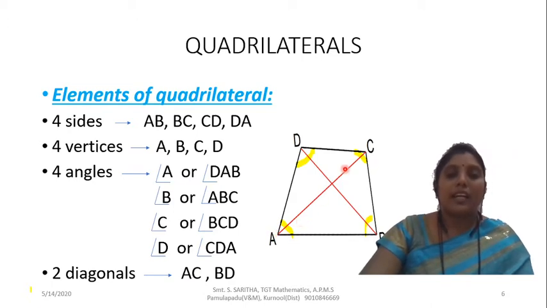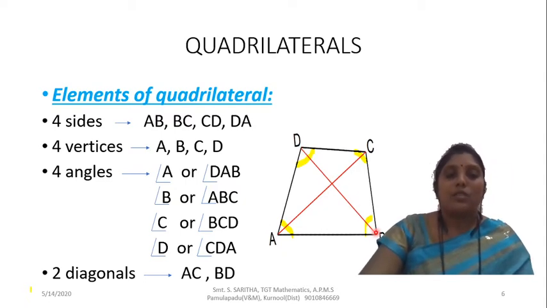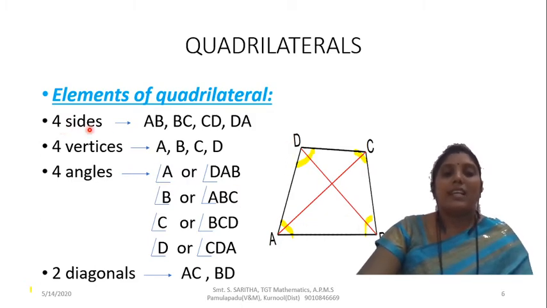When you observe the line segments AC and BD, AC is called a diagonal, that is the line segment joining the opposite vertices, and BD is another diagonal drawn here. So totally it has two diagonals, AC and BD. So a quadrilateral has four sides, side AB, side BC, side CD and side DA.